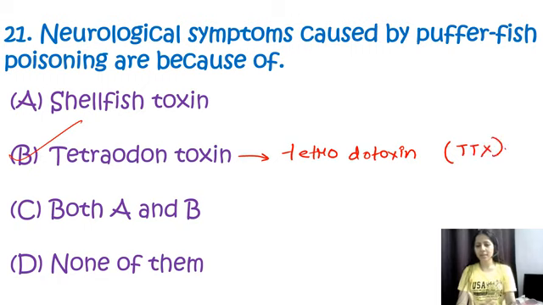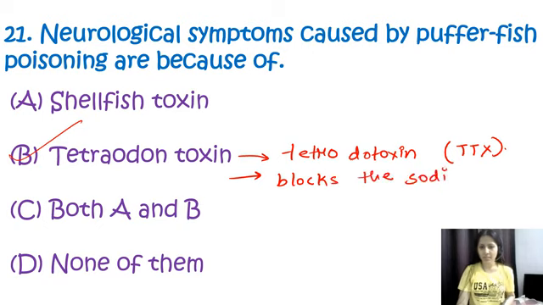Now this is actually the primary toxin which is responsible for these neurological symptoms and which is associated with puffer fish poisoning. This potent neurotoxin basically blocks the sodium channels in nerve cells.